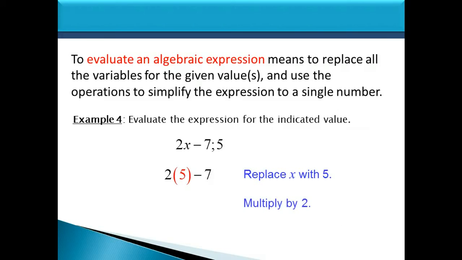So we first would multiply that 5 times 2, which would give us 10, and then we would subtract the 7, which would give us 3. So the single number that this simplifies down to when x is 5 is the number 3. So this is the process of evaluating an algebraic expression.